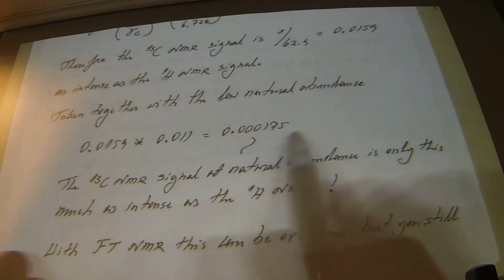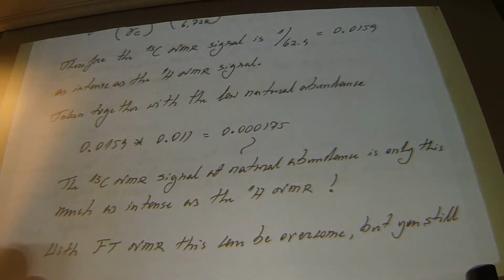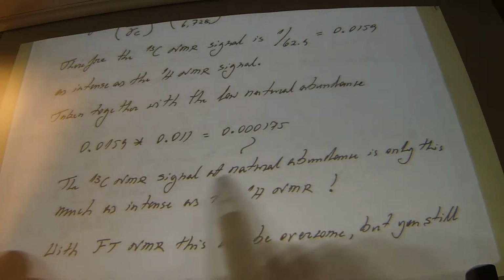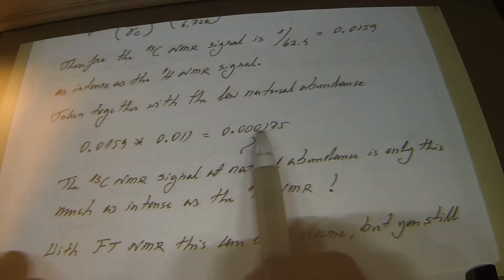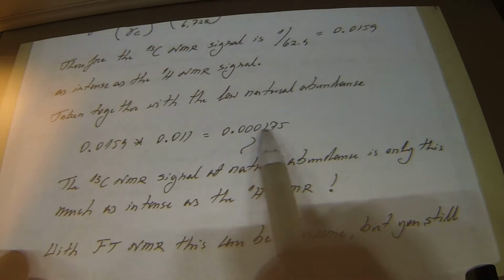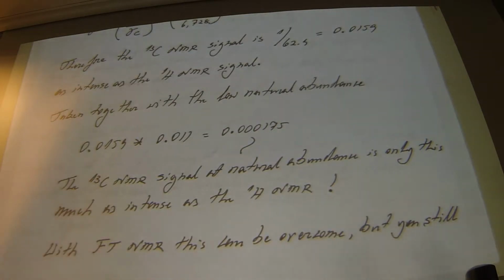That turns out this is the number I have to look at to compare the intensity of a C13 to a proton spectrum. That means that at natural abundance, I'm only going to get, what is that? This is 1 per 1,000. This is 1.1 per 100. So it's almost 10,000 times, a little more than 10,000 times, less sensitive than the proton spectrum.